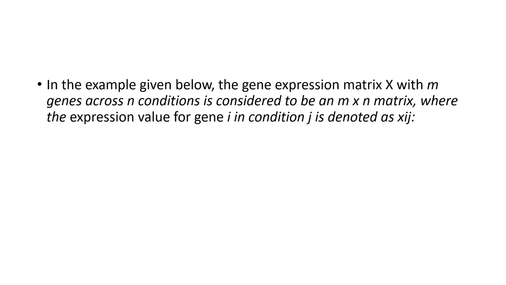So a gene expression matrix with m genes across n conditions is considered to be an m by n matrix, where the expression value for gene i in condition j is denoted as Xij. In the expression matrix we have rows and columns.